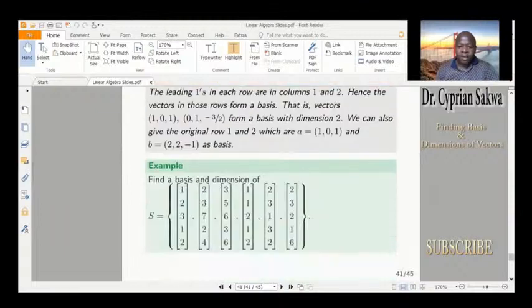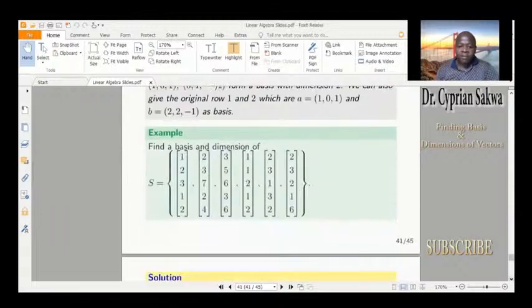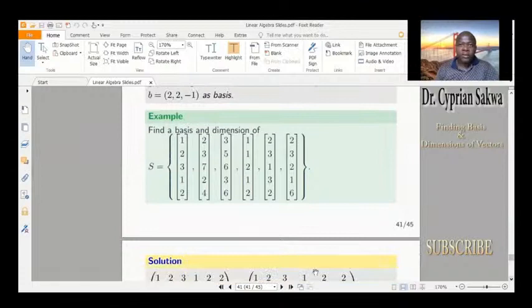So this is my other example. Find a basis and dimension of this set. So I'm given this set, and this set has this vector, this other vector. How many vectors are these? 1, 2, 3, 4, 5, 6. These are vectors that are in column form. Remember, they could be given to you in row form, but these ones have been given to us in column form.